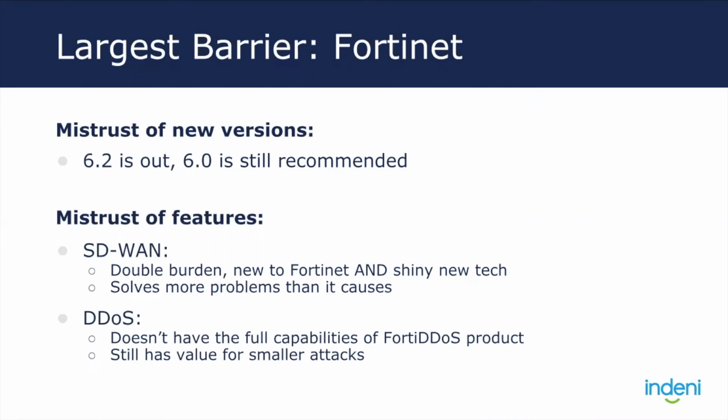And I recognize that SD-WAN has a double burden because not only is it a phrase in the Gartner hype cycle, but it's also new to Fortinet, which means that it's got two new flags on it that you have to overcome to be able to bring it in-house and start testing it. But from what I've seen, SD-WAN is one of those rare features that solves more problems than it causes.